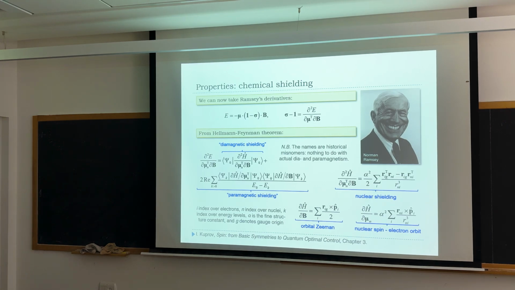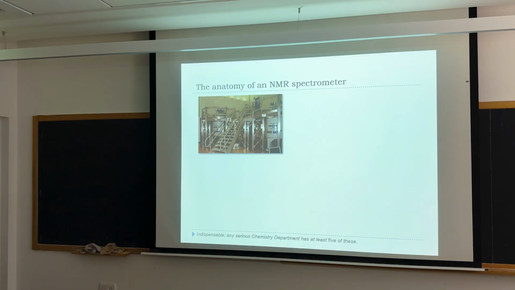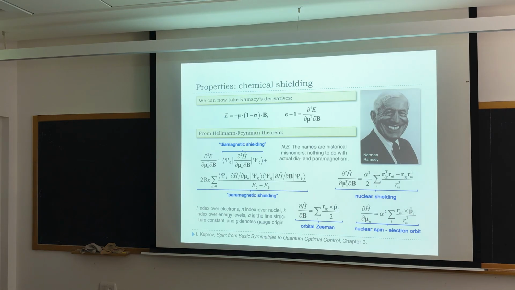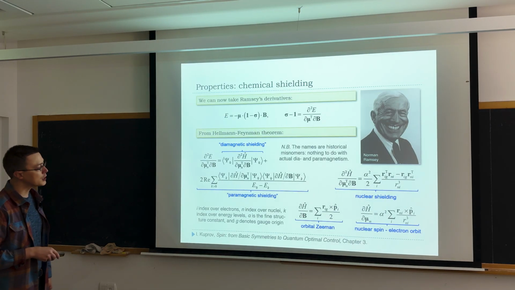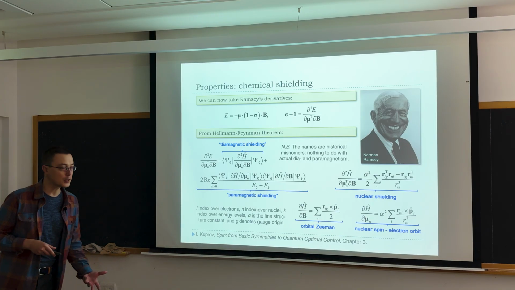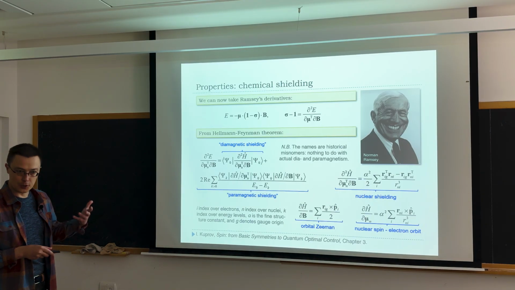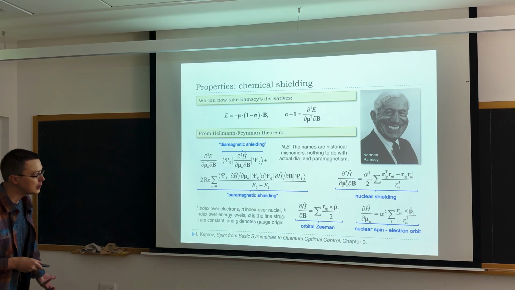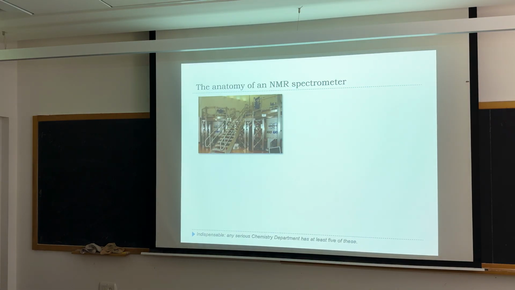Thank goodness the software will do all of this for you. You just need to vaguely recognize the physical meaning of all of these terms in practice. Okay, so this is electronic structure theory. This is where magnetic interactions are coming from, and this is how software would calculate them for you if you ask. This is how an NMR facility looks.